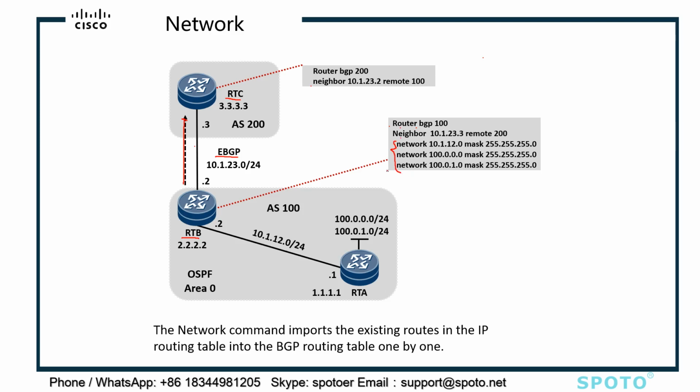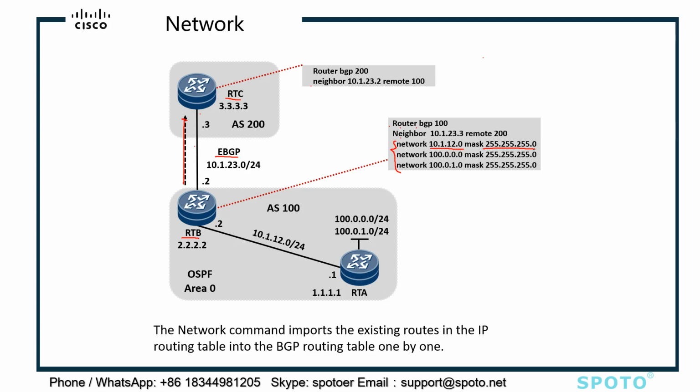If we want RTC to learn this route information, we need to advertise the route. The command is network, the network segment with its own mask. Okay, so that's the configuration of advertising the network route into the BGP protocol.